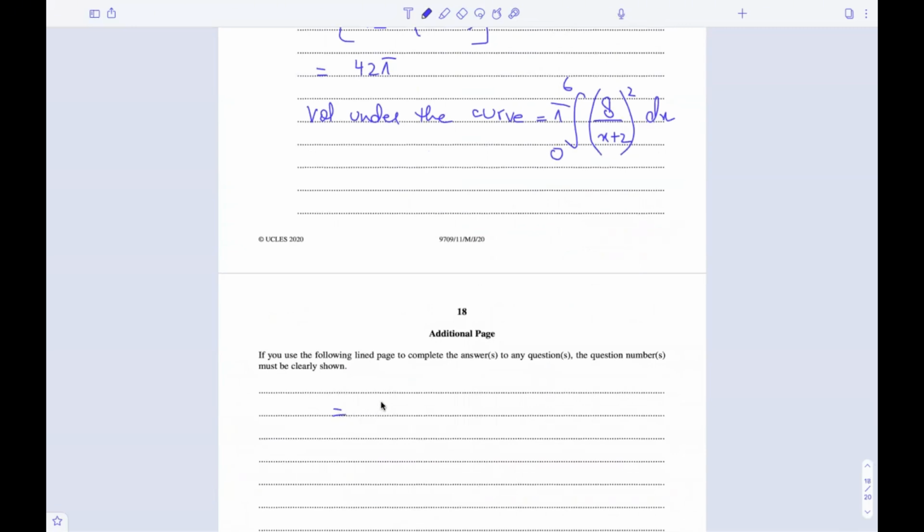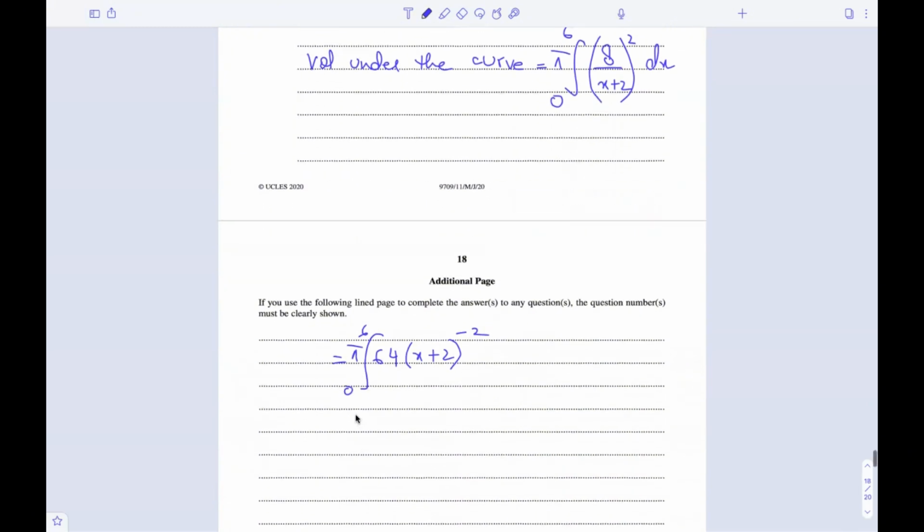So this will become 64 into x plus 2 to the power minus 2. Integrating this, we get 64 into x plus 2 to the power minus 1 divided by minus 1.